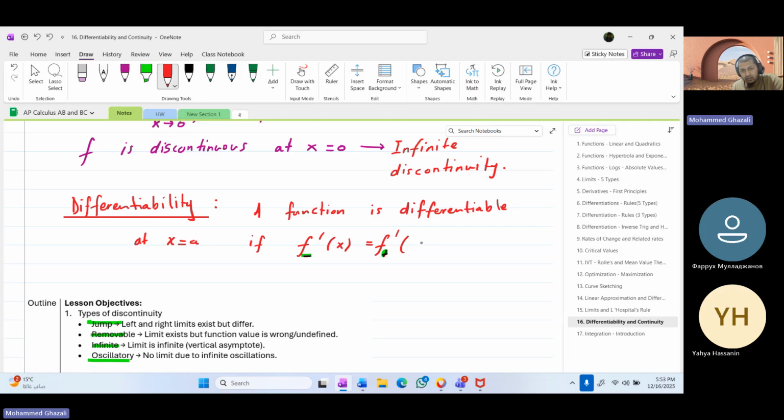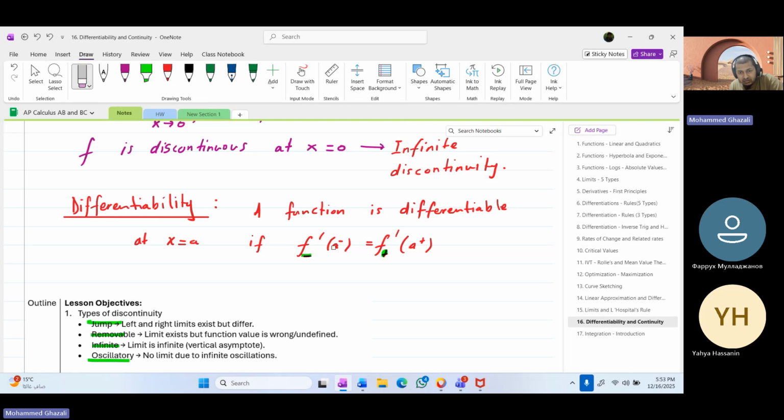Okay. So you can say x, and you can say a here. So you replace the x with a, from the left and a from the right. Okay.